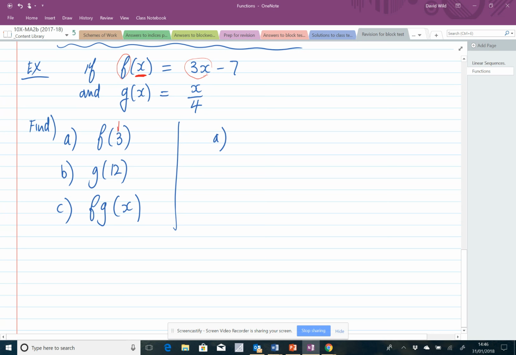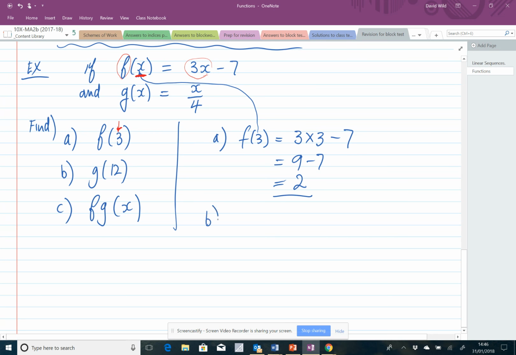I'm feeding in a 3. So f of 3 is equal to 3 times my input, subtract 7. In other words, I'm replacing all of the x's with 3's. And what do I get there? I get 9 minus 7. 3 3s are 9. 9 minus 7 is 2.